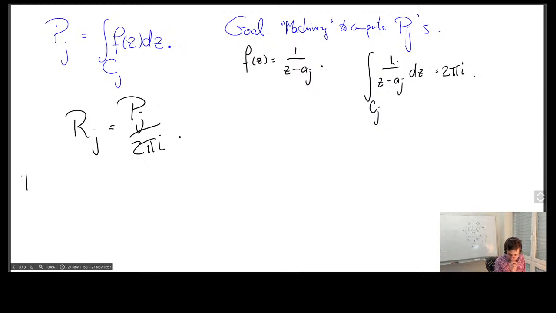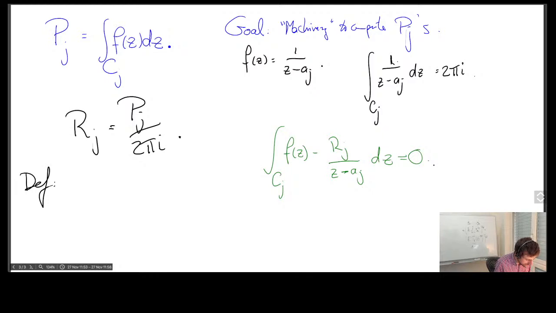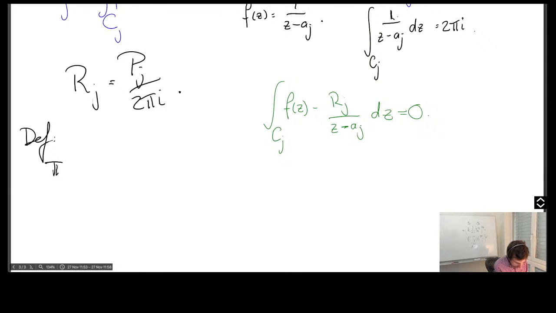Maybe before I do the definition, I should say that if we define it this way, then clearly the integral over the curve Cj of f of z minus rj over z minus aj dz is 0, because the left term is equal to pj, and the right term is equal to rj times 2 pi i, and this is exactly the same by the definition of rj. So this is 0.